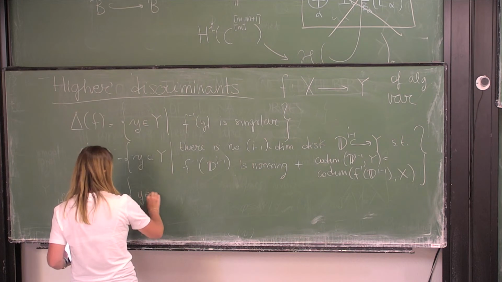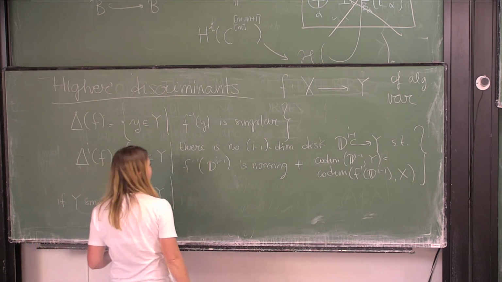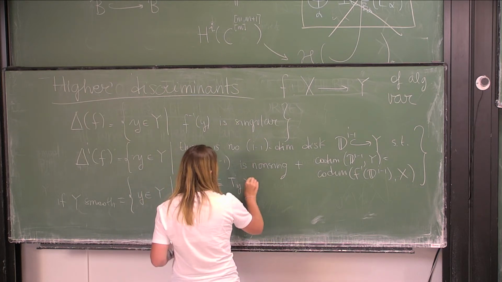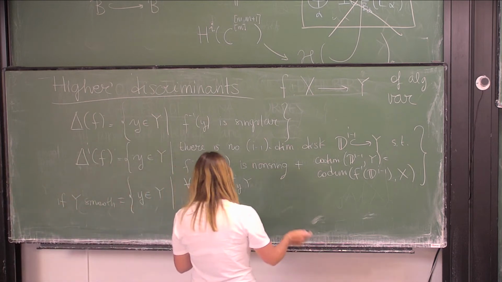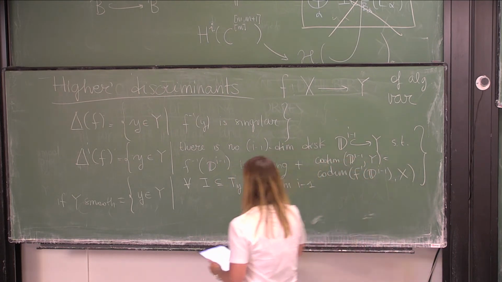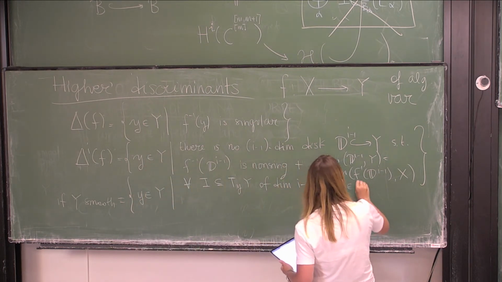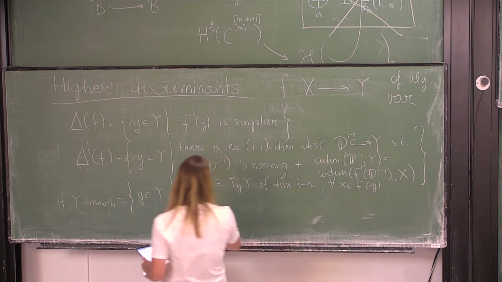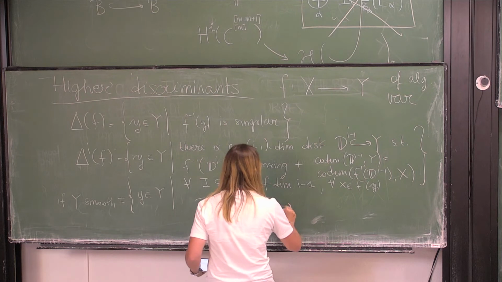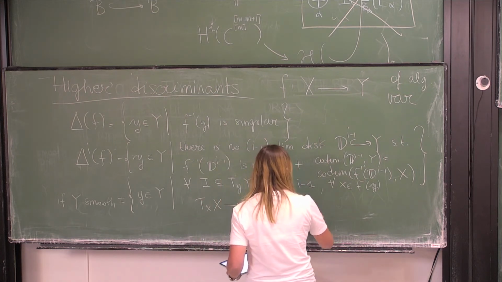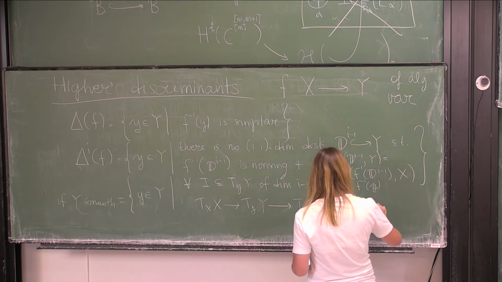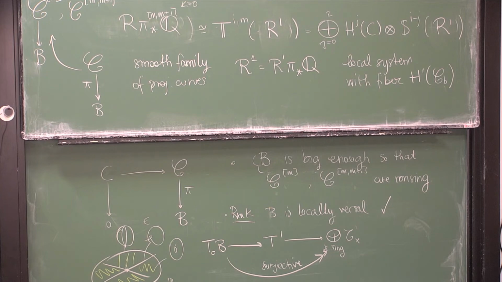So if you don't want this to happen and to have the right codimension, it means that for all the linear subspaces of dimension I-1 in the tangent space to your point, there exists an x in the preimage of y such that the composition of the differential T_xX to T_yY with the quotient with respect to this linear subspace that we have chosen is not surjective.